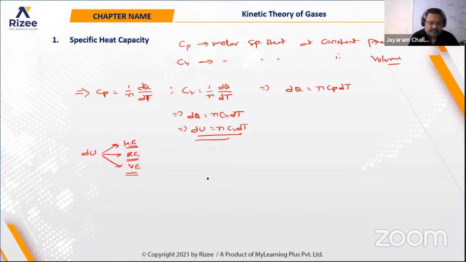So based upon the degrees of freedom, according to the equipartition of energy, the internal energy can be written as F by 2 into the number of moles into RT, where F is called the degree of freedom.